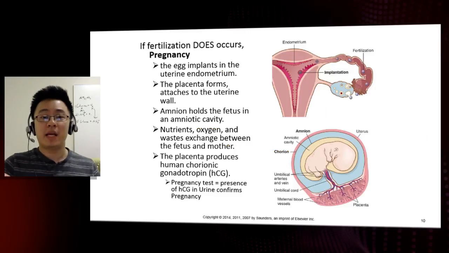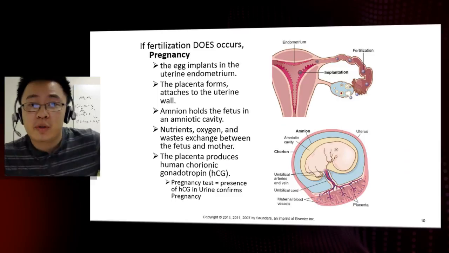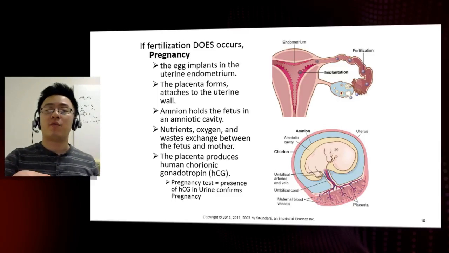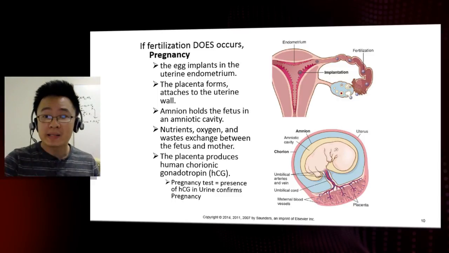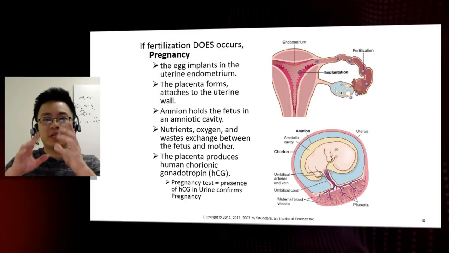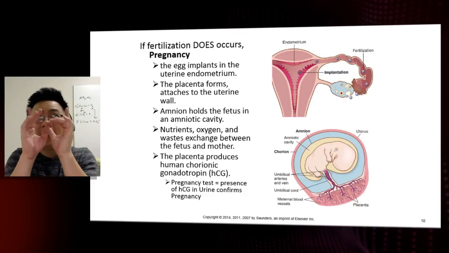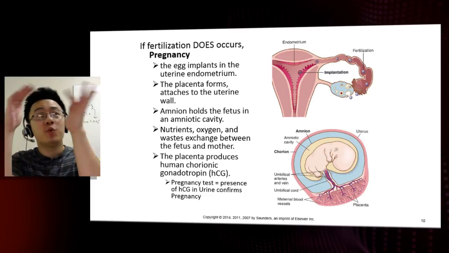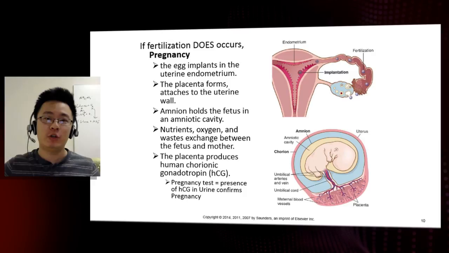Okay. Now, say that fertilization does happen, then of course you get the condition known as pregnancy, and you can see that here. The egg cell goes into the fallopian tube, it becomes fertilized somewhere in its path, and the fallopian tube contains little finger-like cilia that help to wave and push it into the uterus.